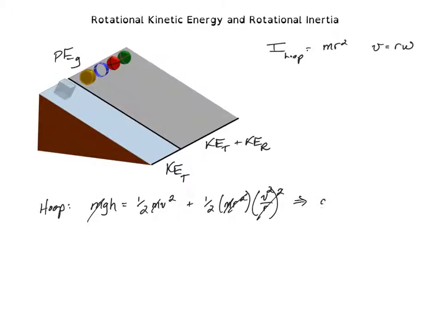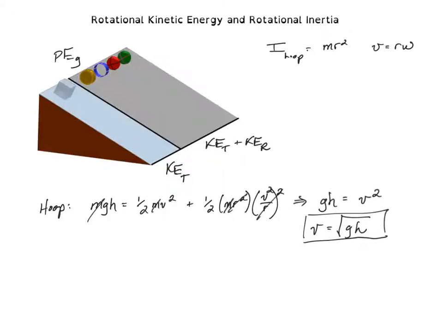I end up with gh is equal to V squared. That gives me a translational velocity for the hoop of the square root of the acceleration due to gravity times the height. That's how fast that hoop is moving at the bottom of the ramp.